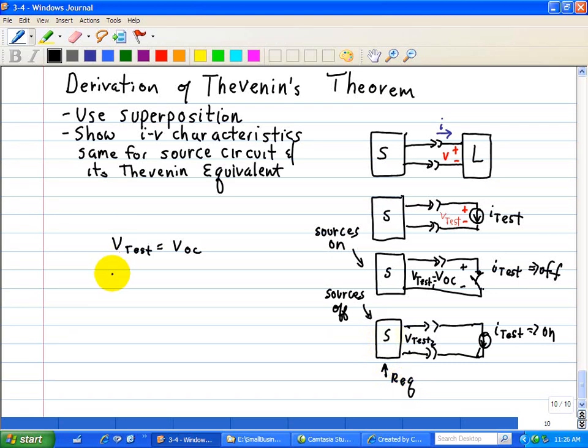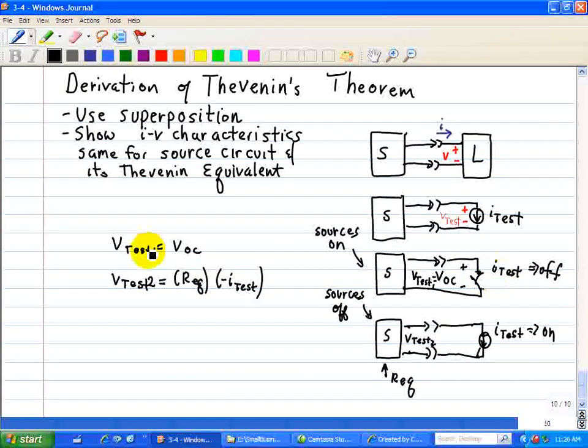So here now, V test 2 is equal to R_EQ, and since the current is in the reverse direction, this is a minus I test. Now, using superposition, we add these two test outputs. This is V test 1 and this is V test 2. V test 1 is associated with when the current source, the I test, is off, and that's just the open circuit voltage.